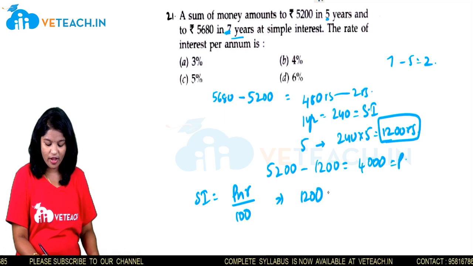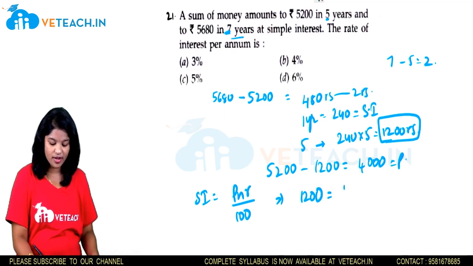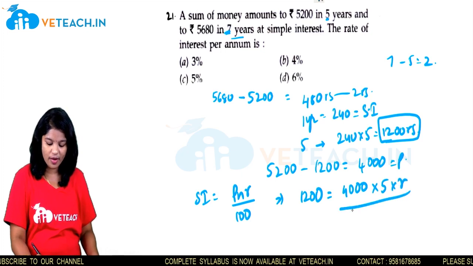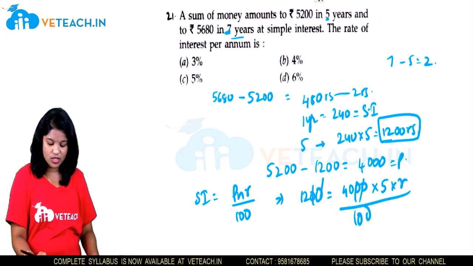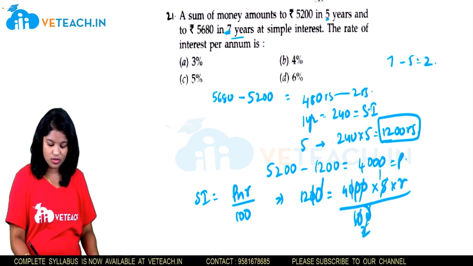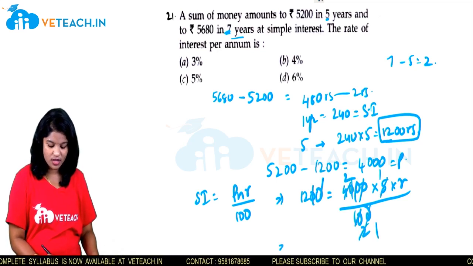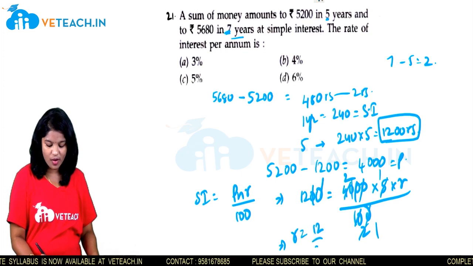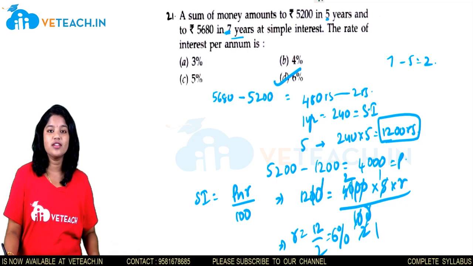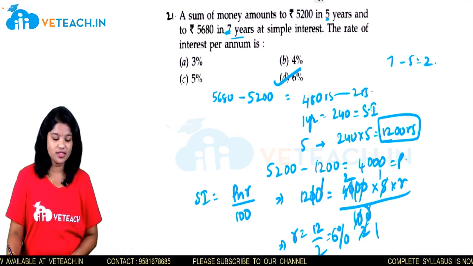So for 5 years the simple interest is 1200, principal amount is 4,000, into 5 into R by 100. 2 zeros get cancelled, and simplifying, R is equal to 12 by 2, that is equal to 6%. So the rate of interest is nothing but equal to 6%.